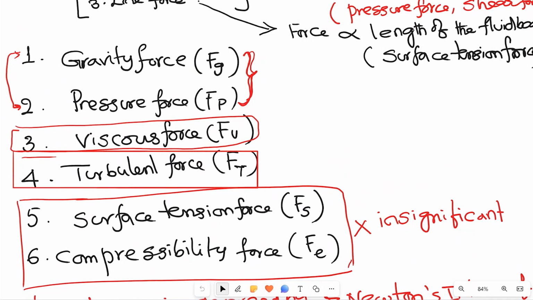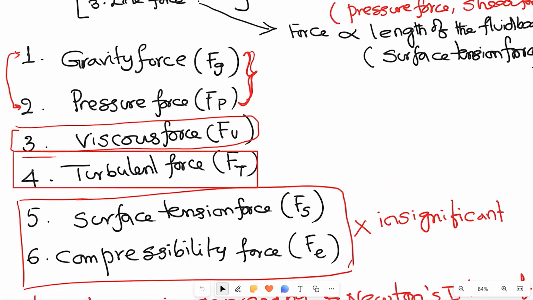If at all the turbulent effect has to be taken in any specific case, we consider the effect of it at those places, but not in general. Similarly, the viscous forces also we don't consider at this stage, because the effect of viscosity is only in limited cases, and in those limited cases we use the viscous force term.